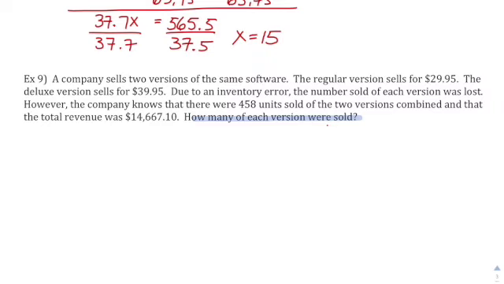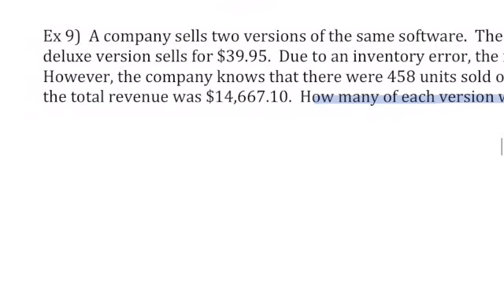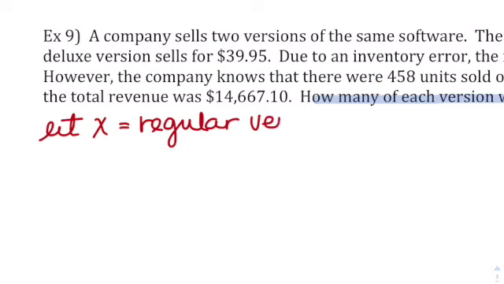We're going to use that same idea. So we are going to let X equal the regular version, and the total amount of copies of software that was sold is 458.